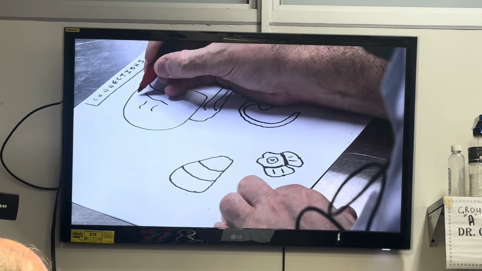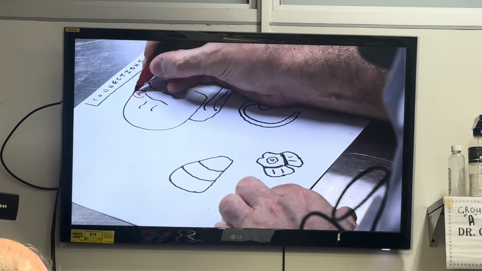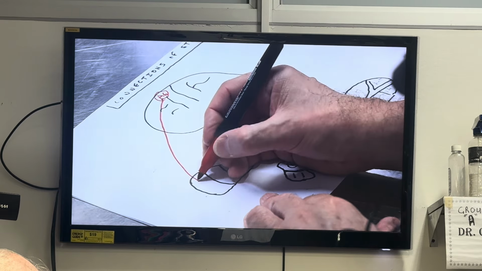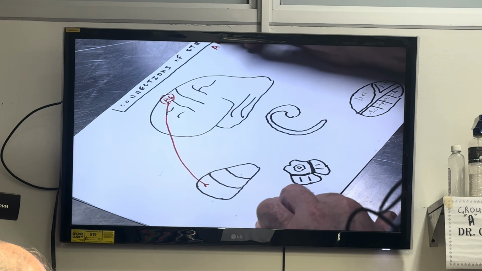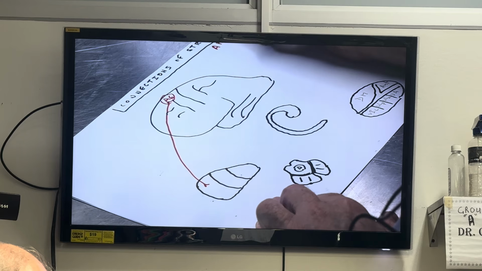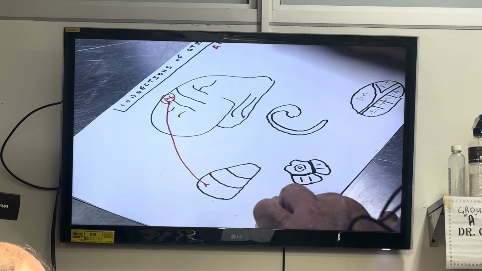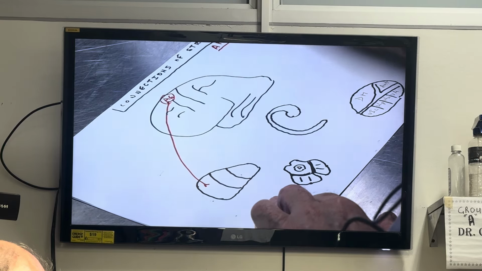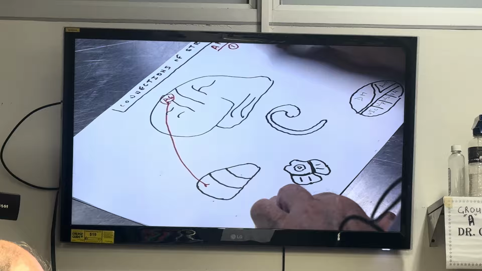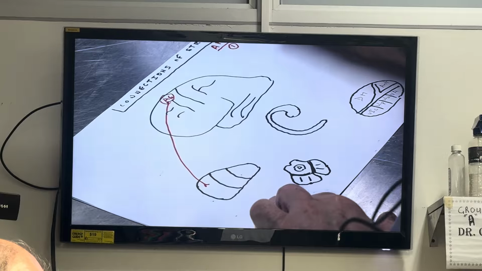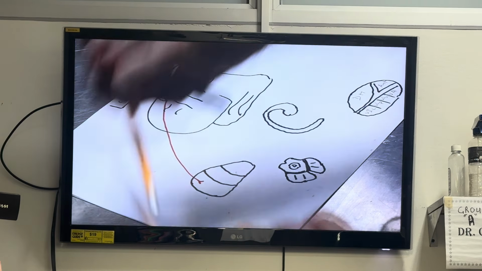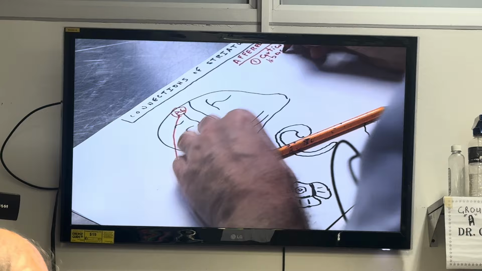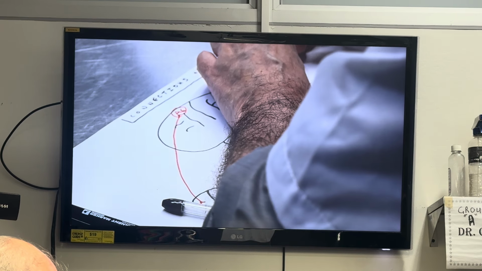Okay, so let's start. So we should start with area number 6, for example. Yeah? So what are the afferent fibers? Cortico-striate. So one will be cortical. Cortico-striate.